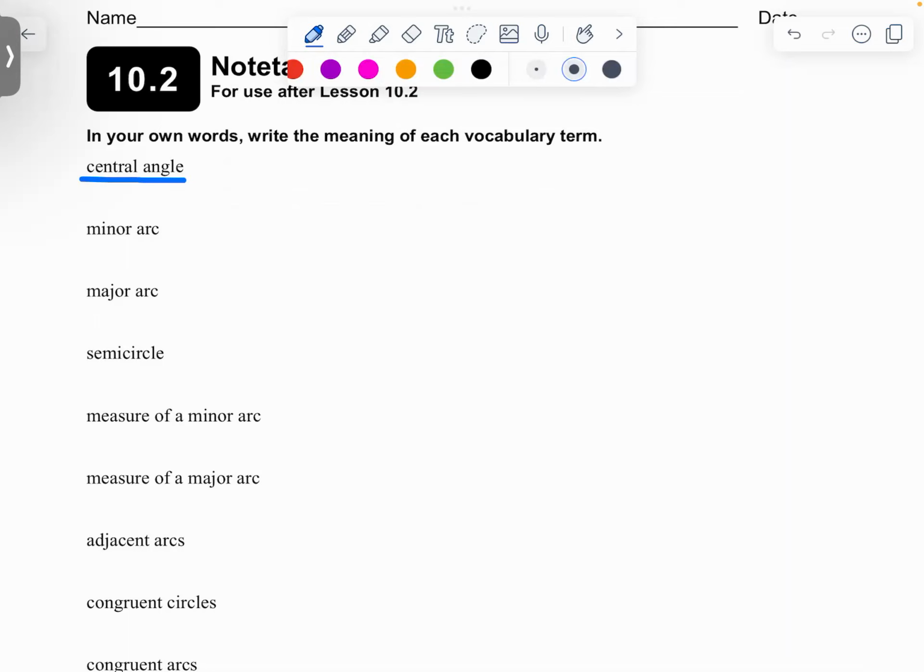And when we talk about central angles, I'm talking about an angle with its vertex at the center of our circle.